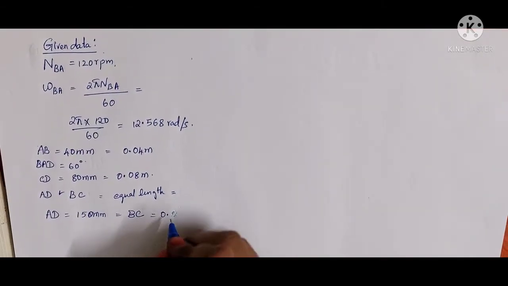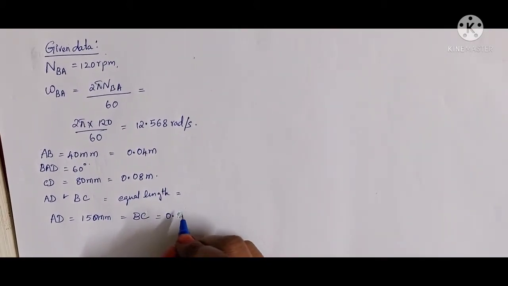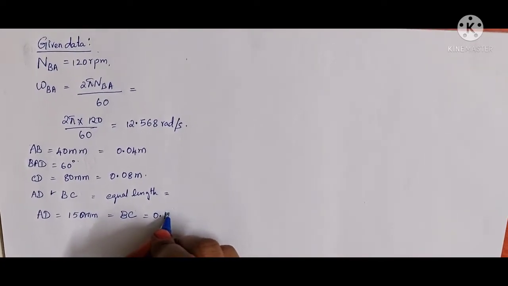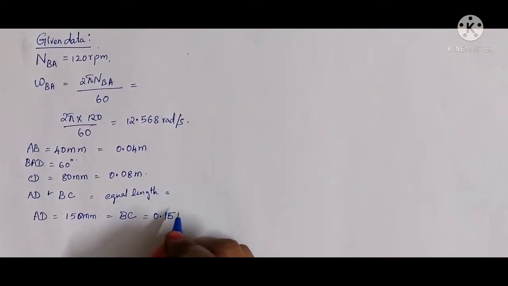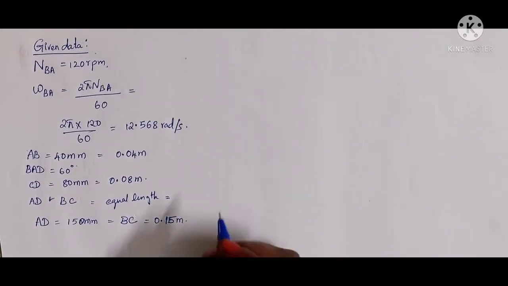AD link length is given in the problem as 150 mm, so multiply with 10 power minus 3. So AD and BC have 0.15 meter of length.